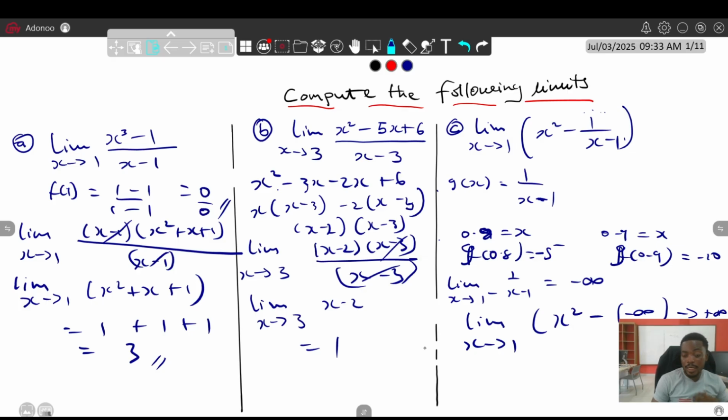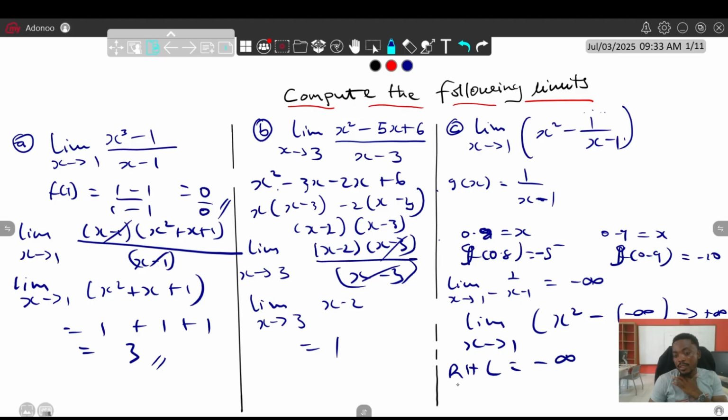Right, so here obviously the left hand limit and the right hand limit are not the same, right? The right hand limit was equal to what?